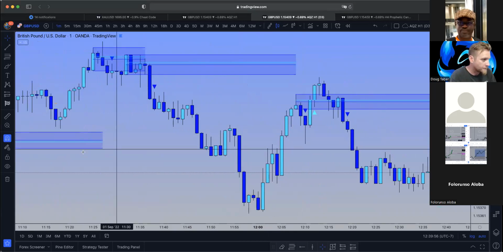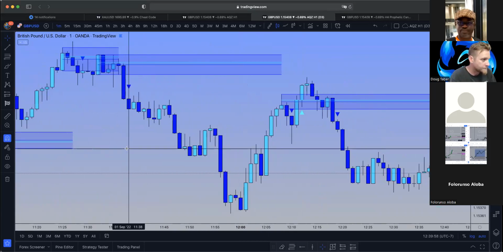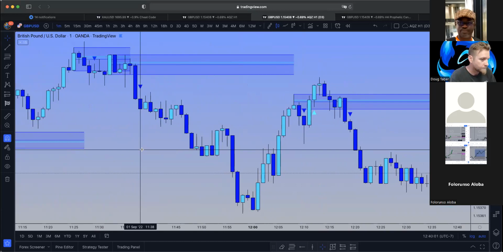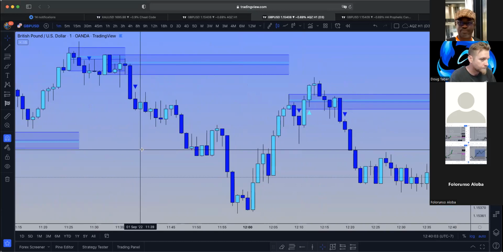That's what it would look like on the minute time frame. But basically it's the same concept. You would have two 1-minute candles that create a zone. If you get a break high, you're waiting for a bearish confirmation to take it short. And if you get a break low, you're waiting for a bullish confirmation to take it high.